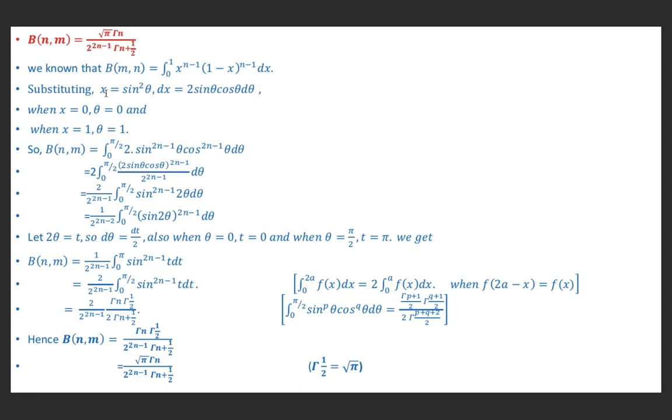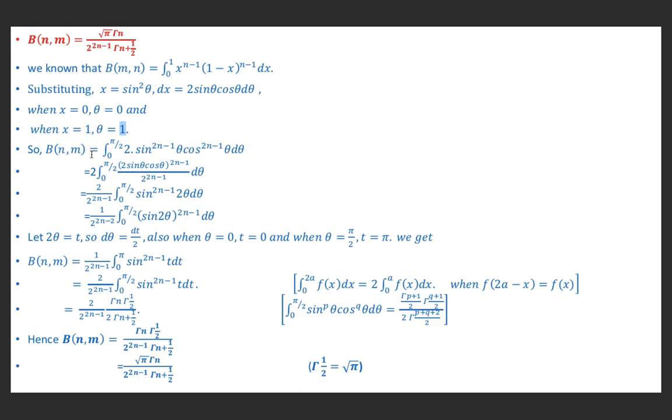And if we substitute x equal to sine square theta here, dx is 2 sine theta cos theta d theta. Limits here are from 0 to 1. So for x equal to 0, sine 0 is 0, so theta is 0. For x equal to 1, sine pi by 2 is 1, so theta is pi by 2.